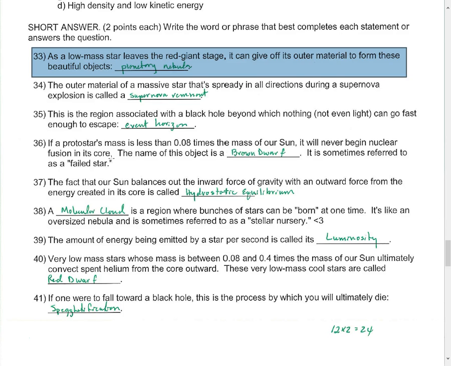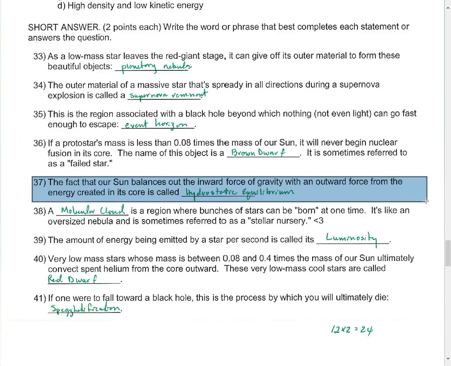Question 37, the fact that our sun balances the inward force of gravity with the outward force of energy that it's creating in its core is called hydrostatic equilibrium. Again, 37 was another example where, if you just put equilibrium, I gave you 1 of 2 points. Question 38, I was after molecular cloud, a region of space where bunches of stars can be born at the same time.